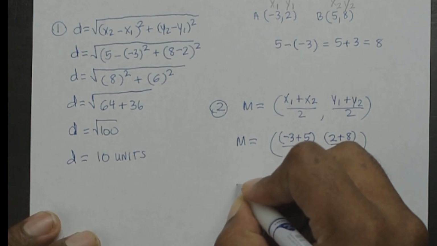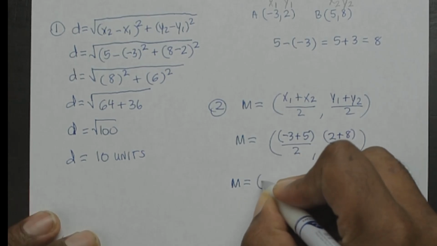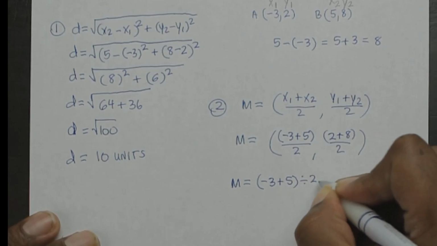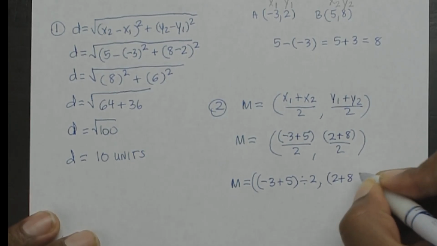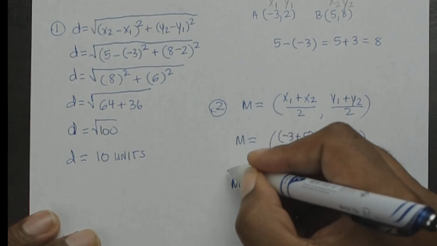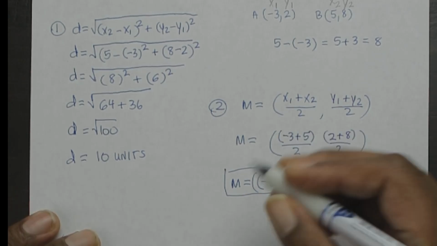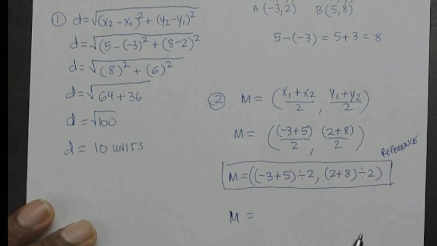And 2 plus 8 divided by 2, you can write it like that. Okay, so that's just as a reference point.